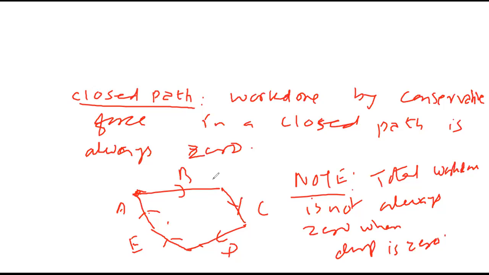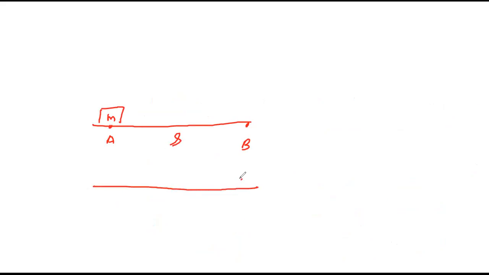Can I clear? Then I'm explaining how work done is not zero when displacement is zero. Suppose this is a block of mass m at point A. You take it up to point B. Displacement is S. The same block from B, I am bringing it back to A. Again, displacement is S. Where is friction acting?